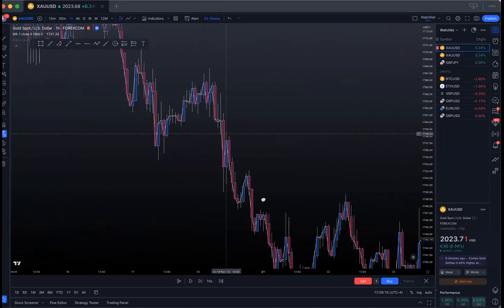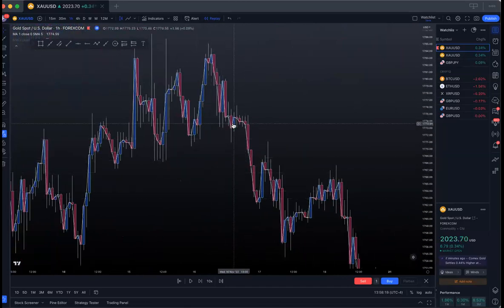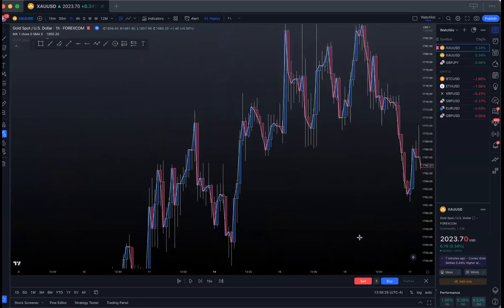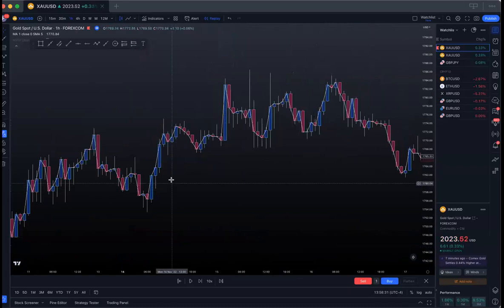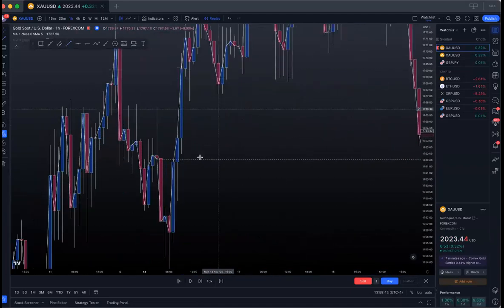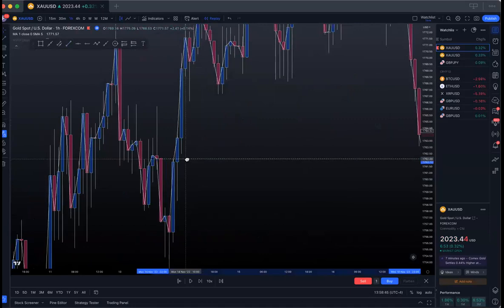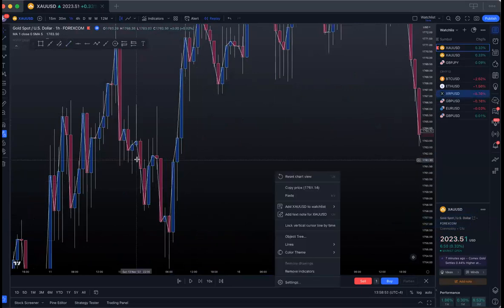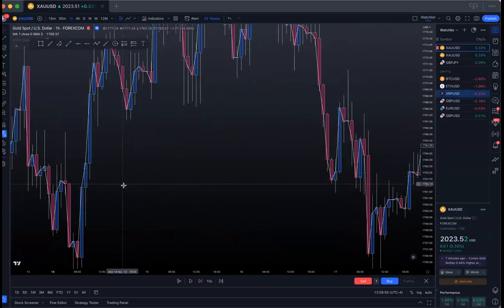Okay, let's see. This is one. Let's see if it's a good one though. No, sorry, that one's not good. This came from this opening close, regular gap.